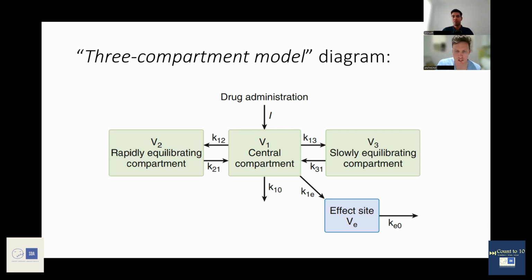So let's start with the simplest model, the Marsh model, targeting a plasma concentration of 5. Let's ignore the effect site, and let's just think about what that means. One of the things that people get bogged down with is getting the propofol pharmacokinetic models mixed up with the volatile models.